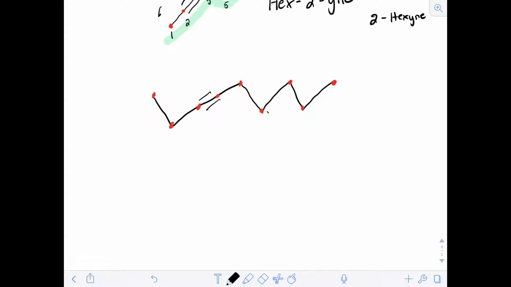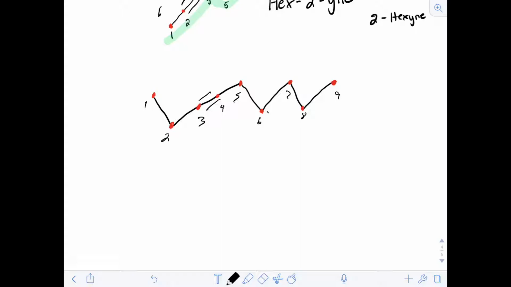So we'll start counting from left to right here. So we got 1, 2, 3, 4, 5, 6, 7, 8, 9. See, this is a good habit to get into, counting your carbons early on. So when you do start to get bigger and more complex chains, you won't mix them up, and you'll see what I'm talking about later on, because it'll get pretty intense.